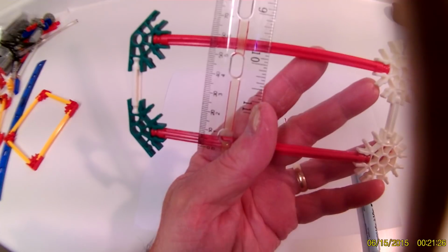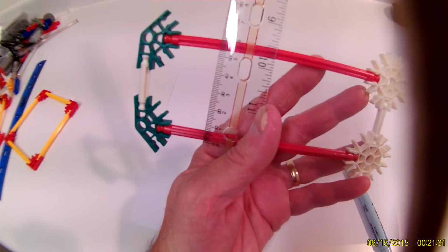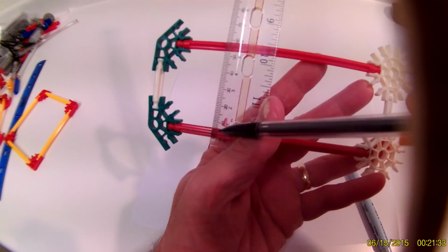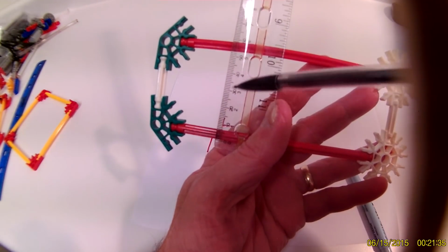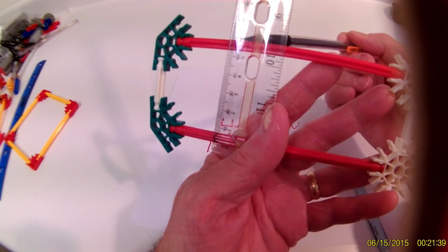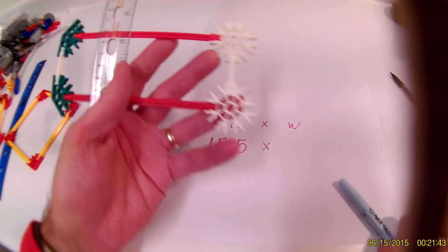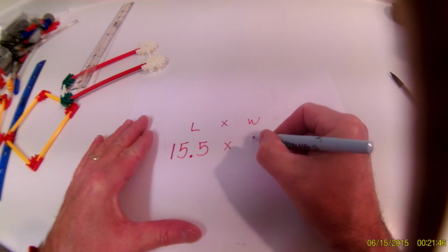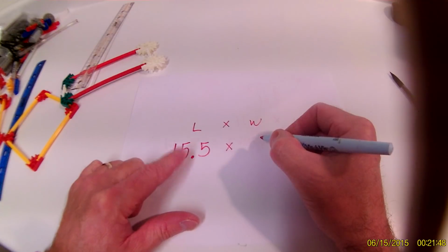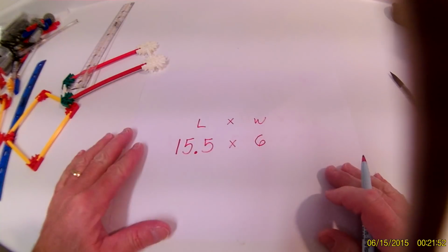Now, it just so happens that in this case, from outside edge to outside edge, I have 1, 2, 3, 4, 5, 6. So it comes out at 6 centimeters exactly, okay? So now I can write down and say, okay, I have a length of 15 5/10 of a centimeter and 6 centimeters.